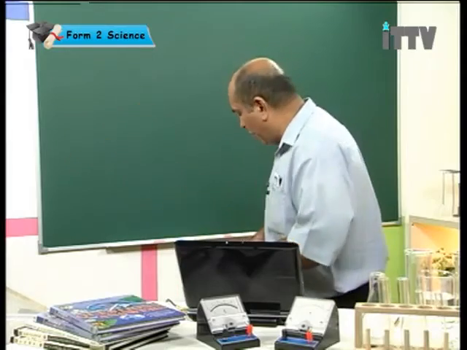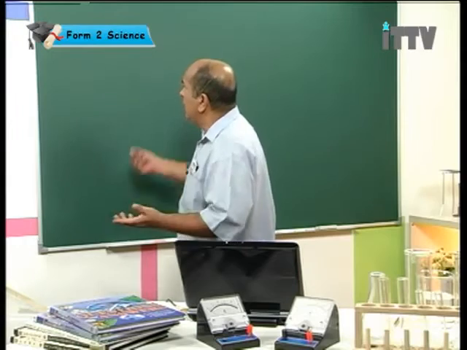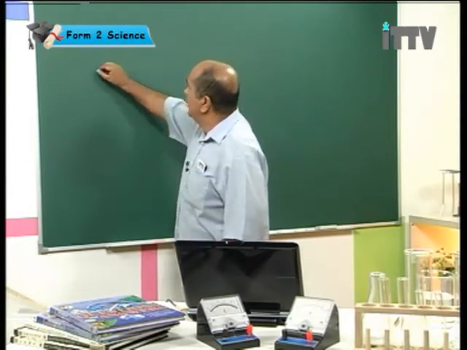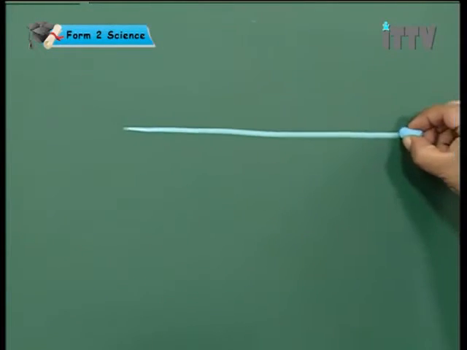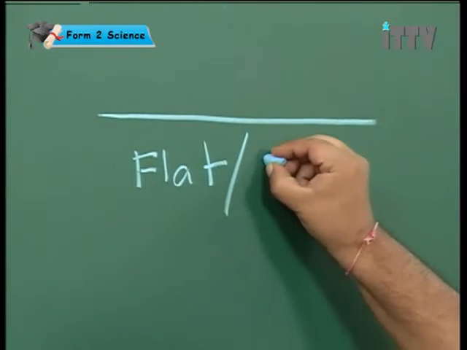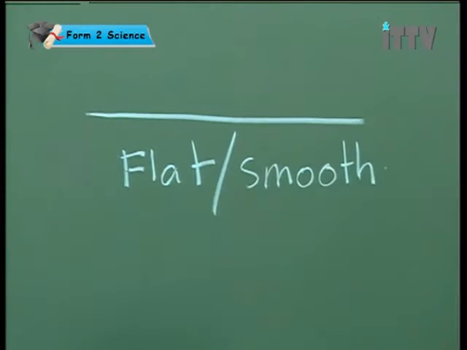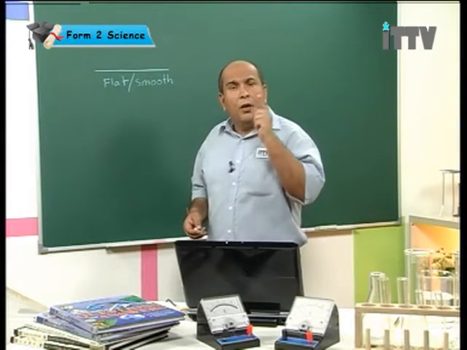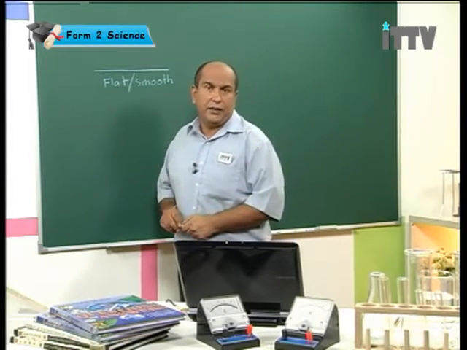Let's just go up here to the board for a moment and demonstrate what we're talking about. So let's say I have a flat object that is smooth. If I have a flat object, so this is both flat and smooth. If you have an object that is flat and smooth, what you'll find is the light will reflect evenly off the object.